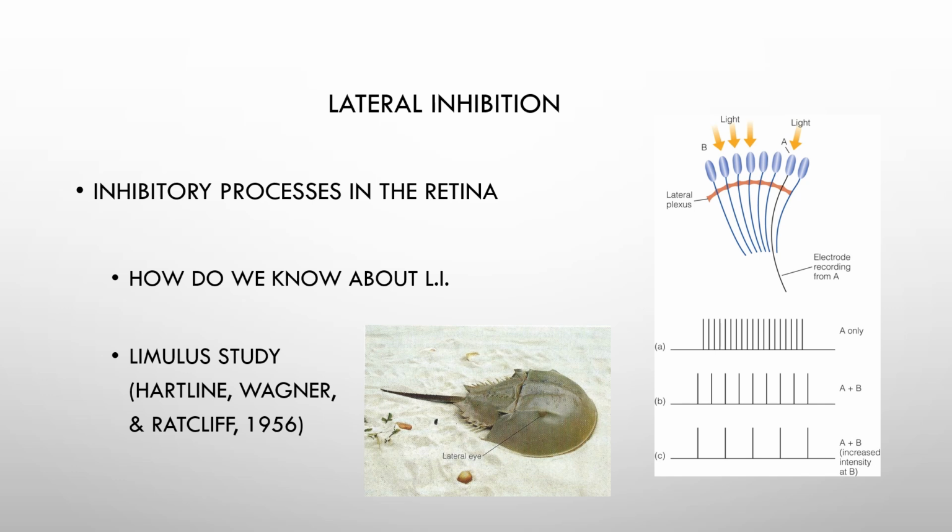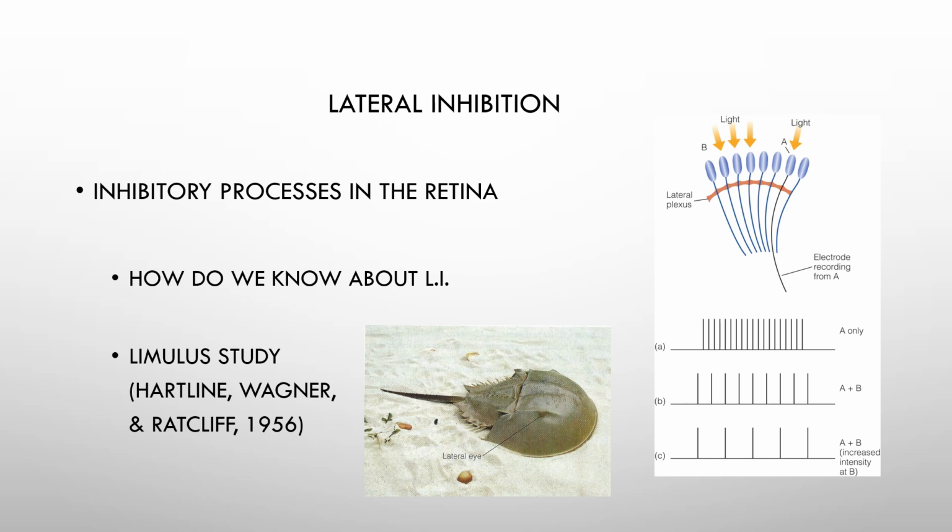But if we look at what's happening in their visual system, we're looking at the picture on the right now, where there are some receptors, and then you can see this lateral plexus that's connecting those receptors. They shined a light just at A, and then they recorded from the axon of that neuron. These guys have pretty large neurons, so they were easier to do the single cell recording from.